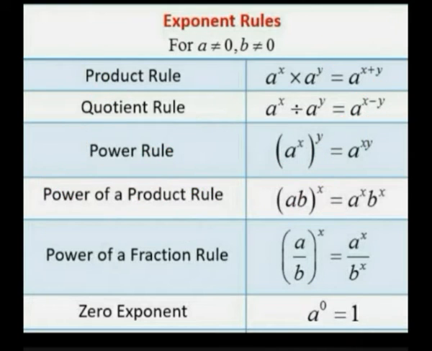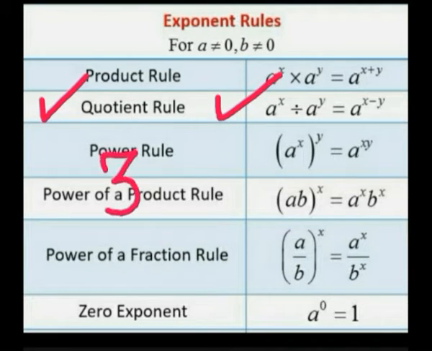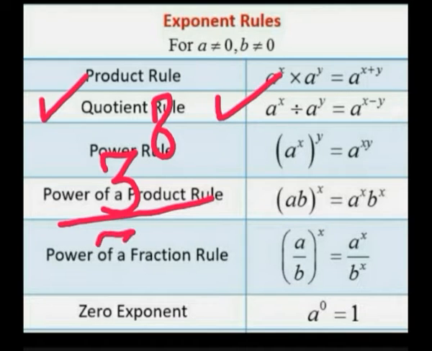Next is the quotient rule, which says that when we divide two exponential terms with the same base, the exponents are subtracted. Let's take an example again. Say 3 to the power 8 is divided by 3 to the power 4.